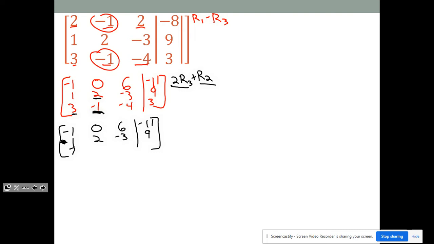I've already said 2 times -1 plus 2 gives me 0. 2 times -4 would be -8 plus -3, so -8 plus -3 is -11. And then 2 times 3 is 6 plus 9, so 15. Okay. All right, so I'm taking care of this middle column. We'll worry about that 2 in a minute.